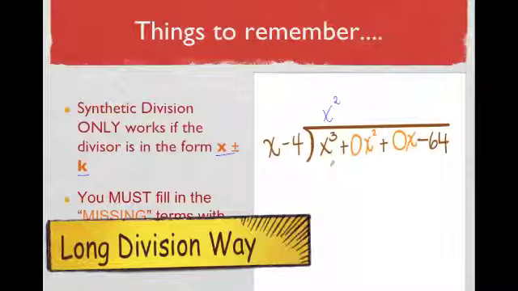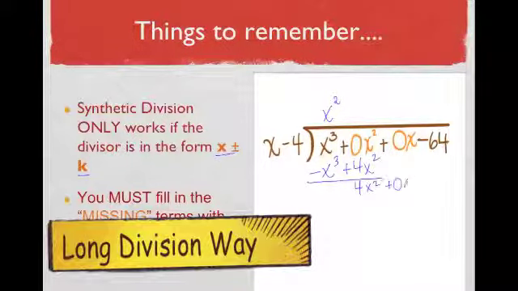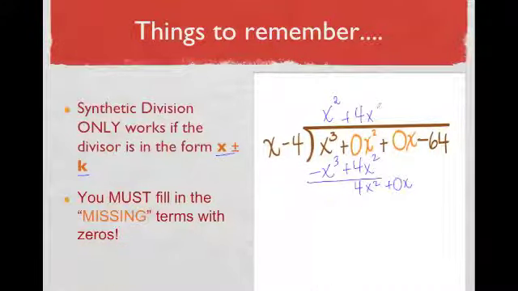This would be x squared minus 4x squared. So that would be minus plus. That gives me 4x squared plus 0x. Now it's going to be 4x, and then that will be 4x squared minus 16x, minus plus is 16x.